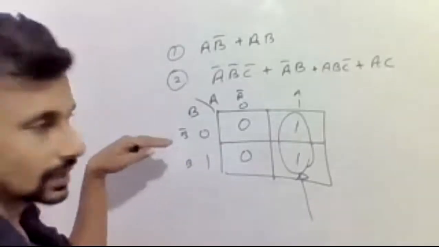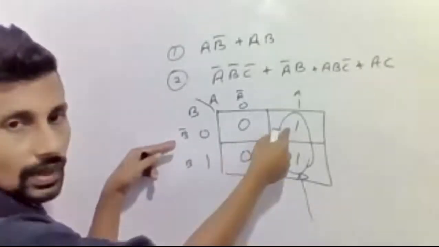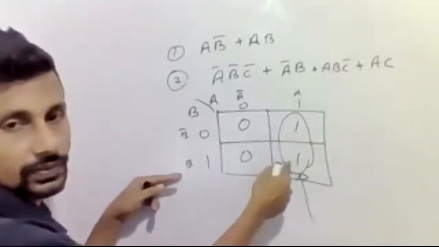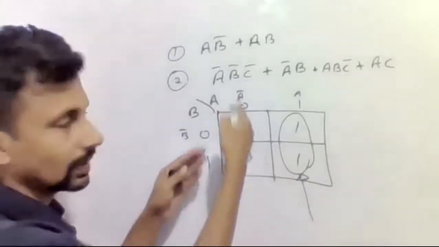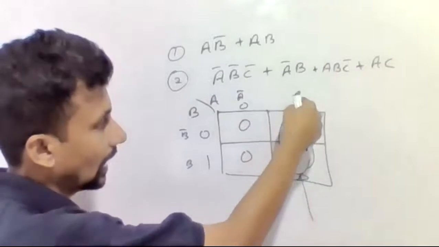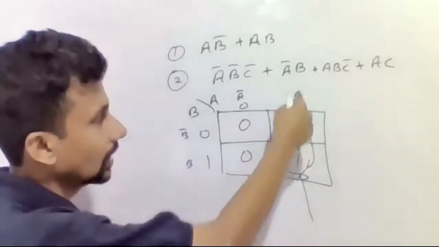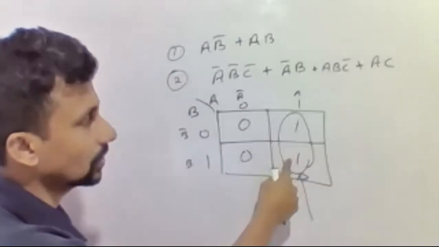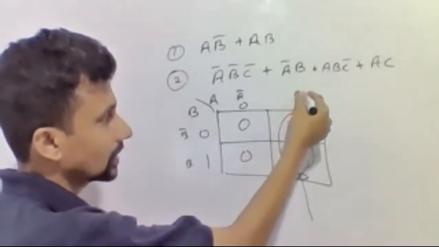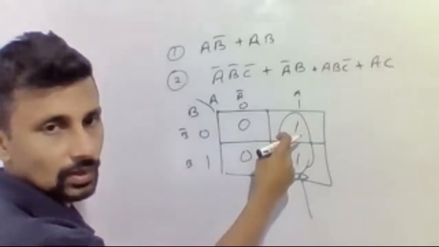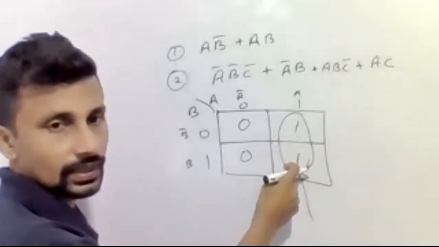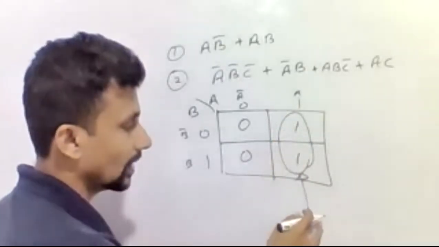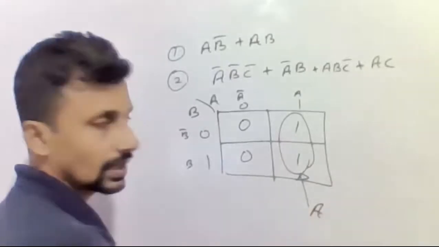If you take this side, B dash is for this one, but B for this one, so that is not common. We take this side: A is for this one, A belongs here also, this one also belongs to A. So the common value of this group is A.